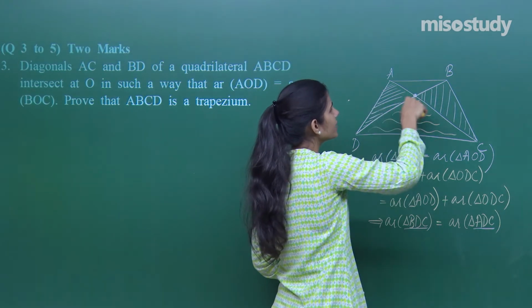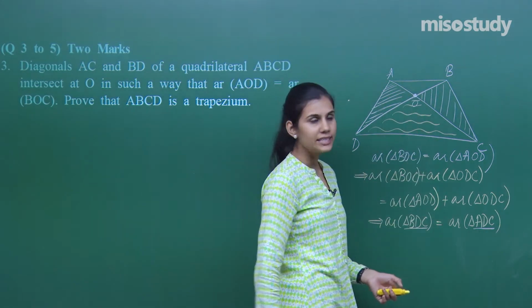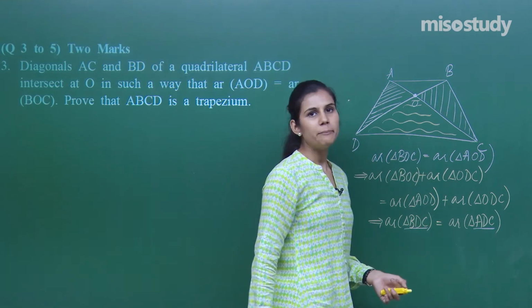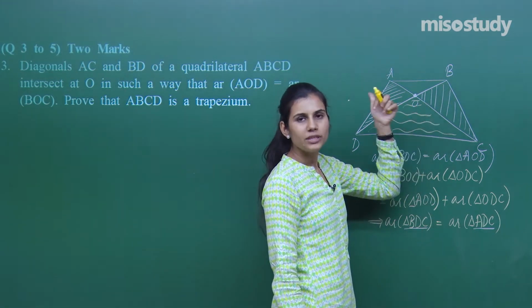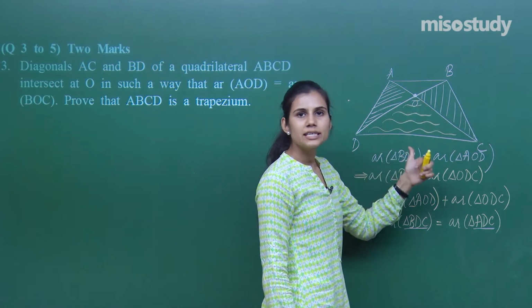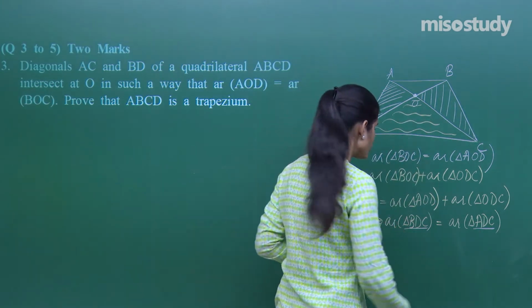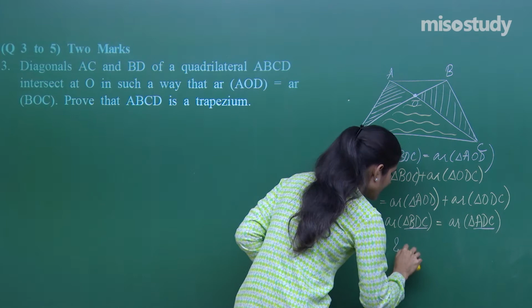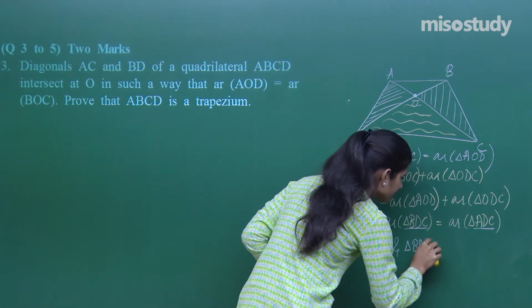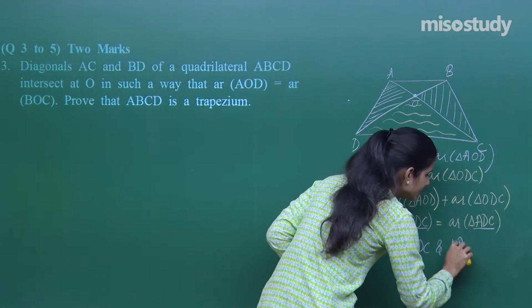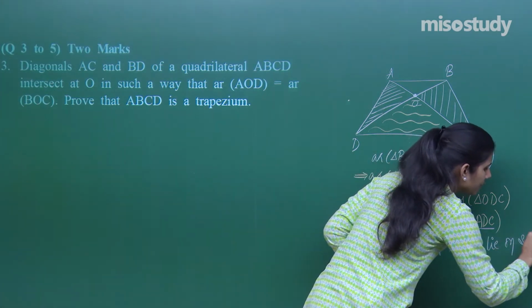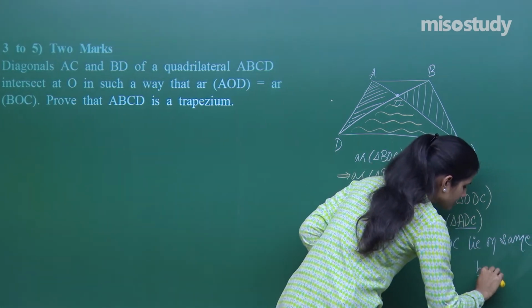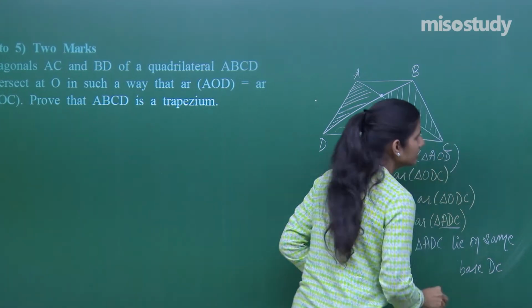If these two triangles are lying between two lines AB and CD, these two lines have to be parallel, because these two triangles have the same base and the same areas. So, areas are same, and triangle BDC and triangle ADC lie on same base DC.